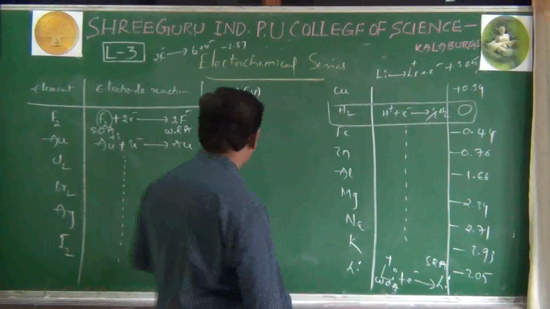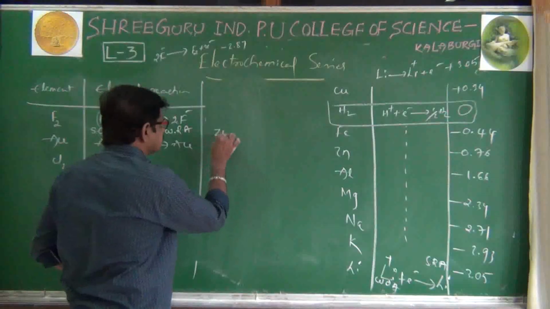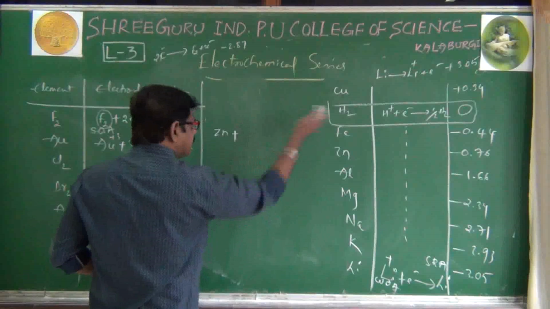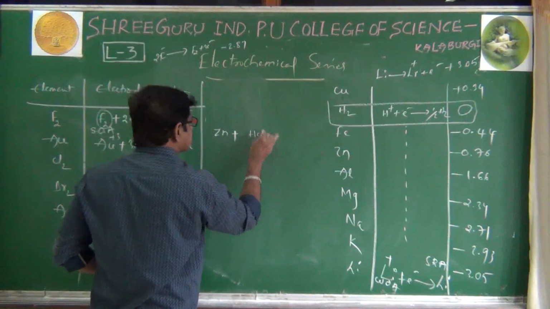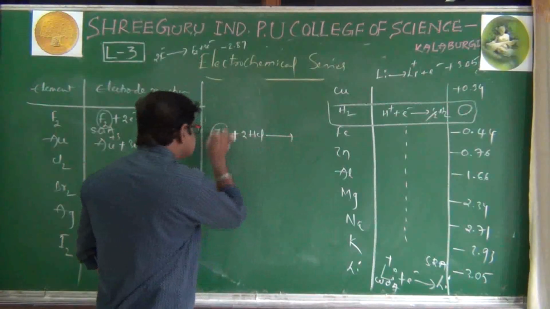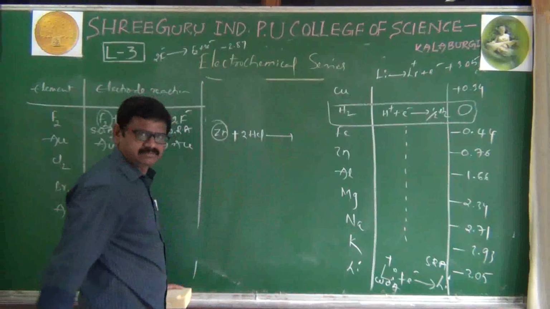For example, say zinc reacted with a hydrogen-containing solution, that is HCl. For balancing purpose we have taken 2. Now what happened? This zinc metal is coming and removing this hydrogen.